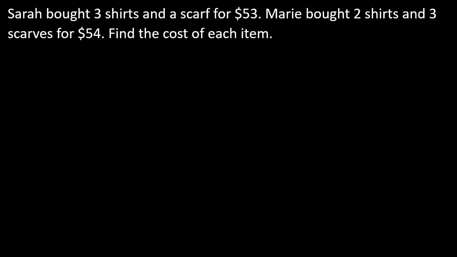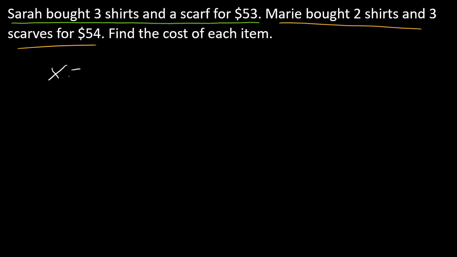All right, so moving on to the next problem. We already broke this one down. We have this situation with Sarah, and then we have this situation with Marie. In this case, we have shirts and scarves. That's really all that we're talking about here.